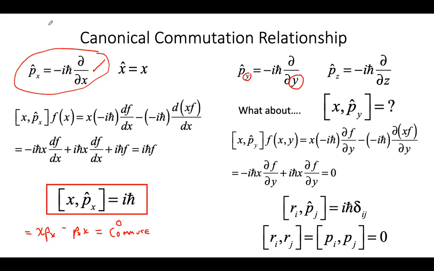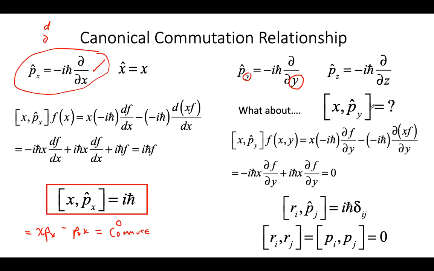I changed the d from the block d for just a total derivative to a partial derivative. And that's, I guess, the one thing I had to do when we went into 3 dimensions. If I want the y component of momentum, it hopefully makes sense that I just take the derivative with respect to y as opposed to taking it with respect to x. And similarly for the z component, I take the derivative with respect to z. It's still minus i h bar up front.